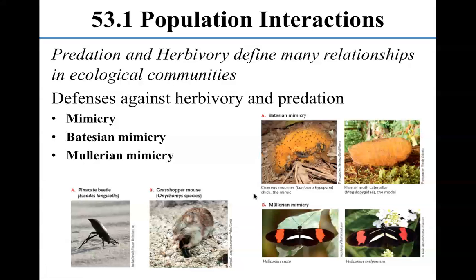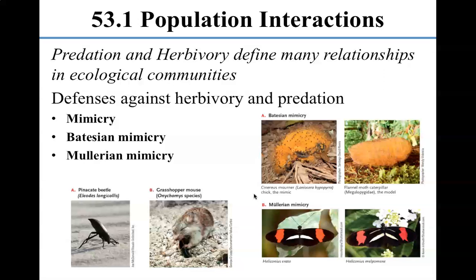I wish I had shown you a picture of a bumblebee and a wasp. So bumblebees are yellow and black, and then if you see a yellow jacket, it's also yellow and black. So that's an example of Mullerian mimicry. The honeybee and the wasp both can sting you. So if you see something yellow and black flying around you, you're going to avoid it because maybe you've been stung by a bumblebee before.